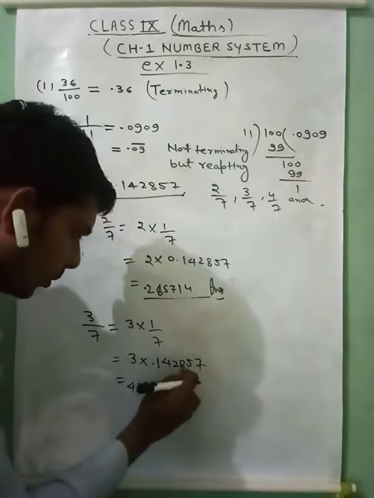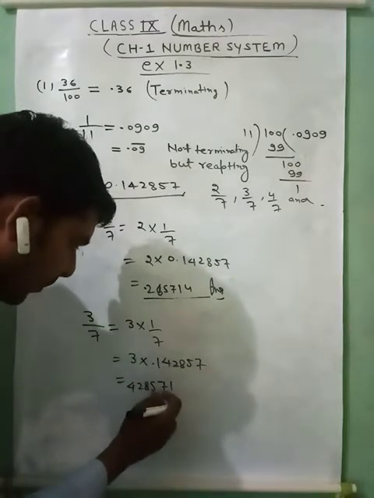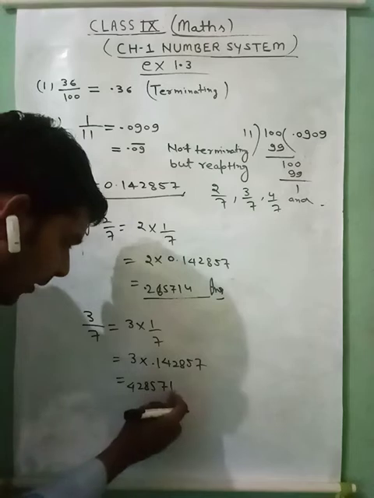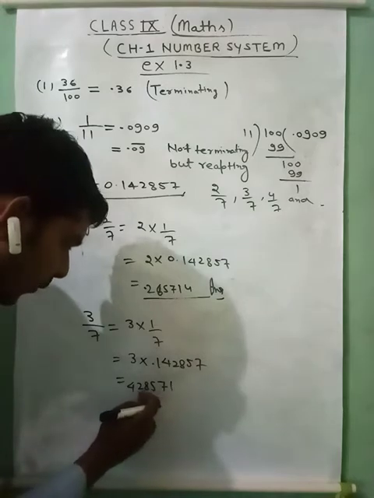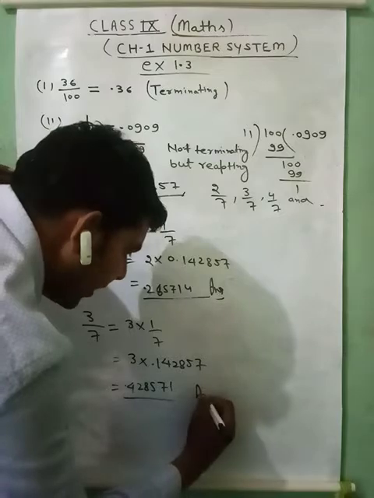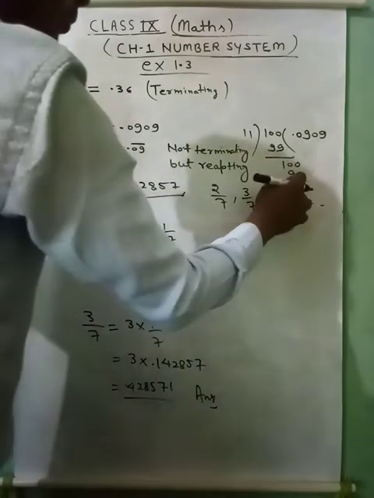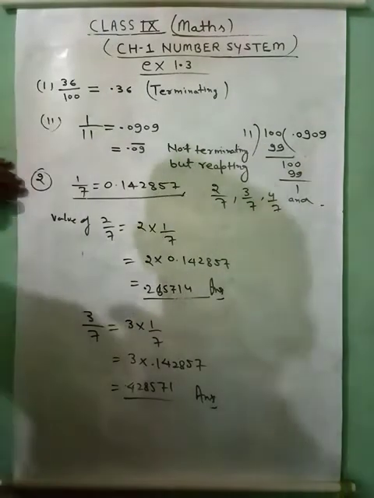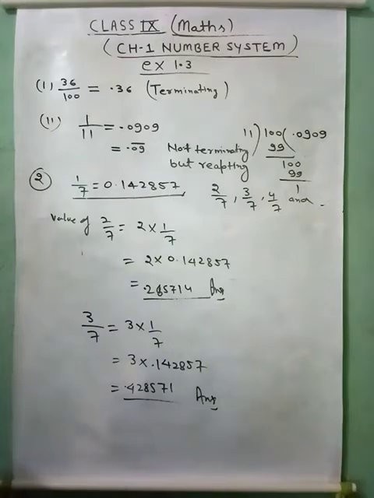After 6 digits we can write the point. Similarly, you can find the value of 4 by 7 and so on. Can you do? Next question.